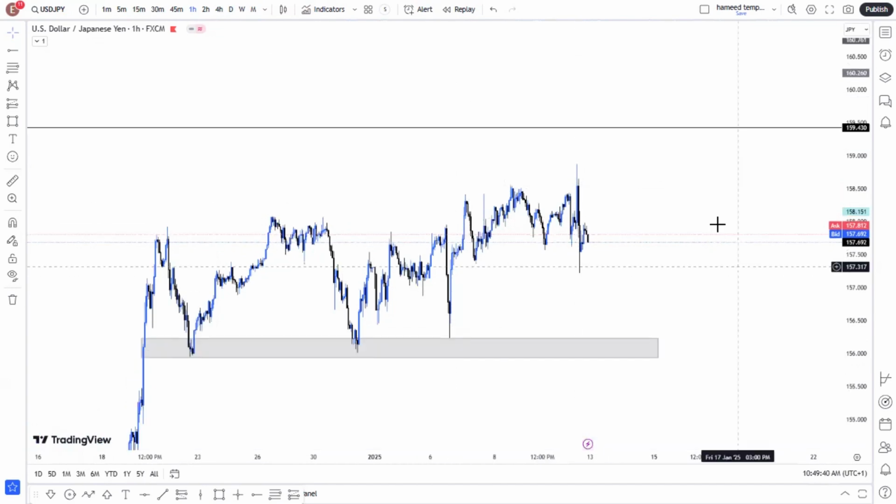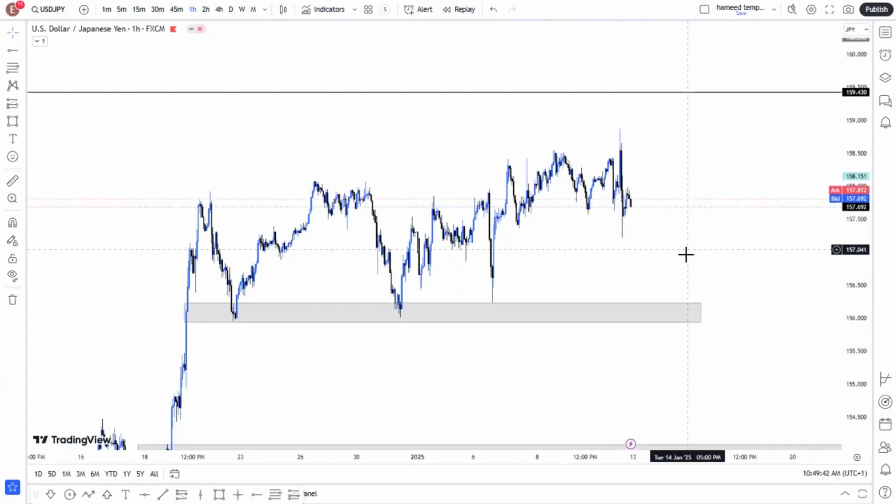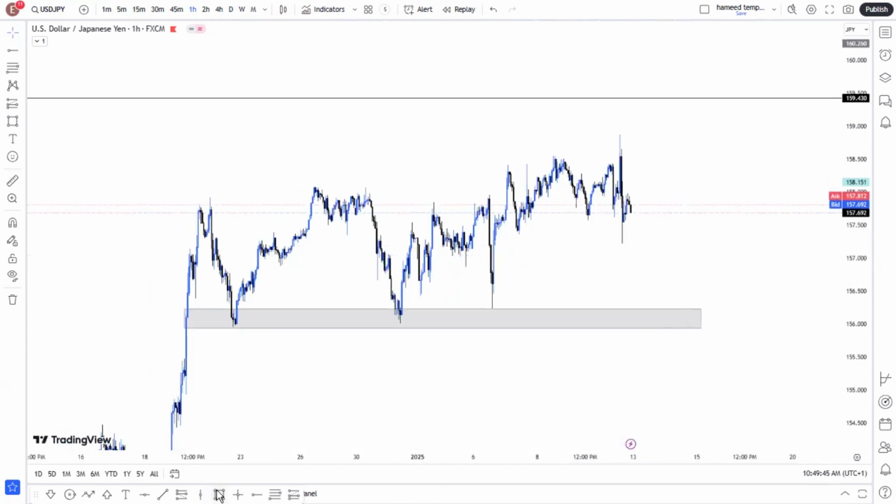But since we are in the uptrend, what I'll be focusing on is the bullish market and how to buy. So I'm looking for my support. I'll be marking my support out. I think there is one around here as well.